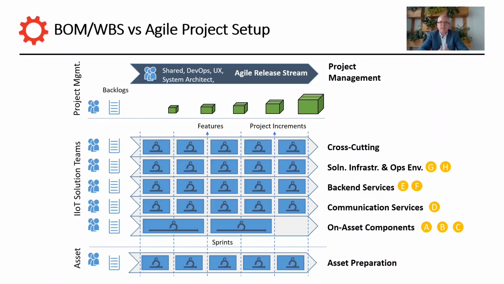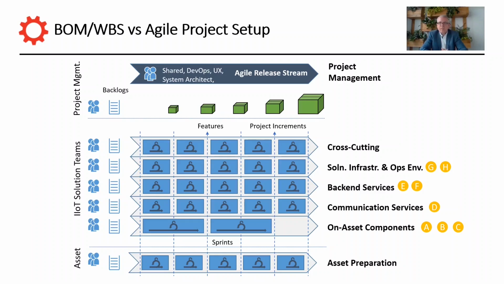So cross-cutting elements of the project, solution infrastructure and operations environment, then the actual backend services, the communication services, and then the on-asset components. And then last but not least, if the IoT solution really is implemented against a physical asset, you will have another work stream that's, for example, called asset preparation.